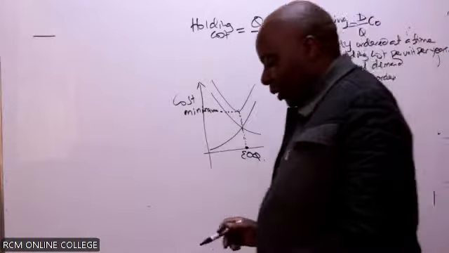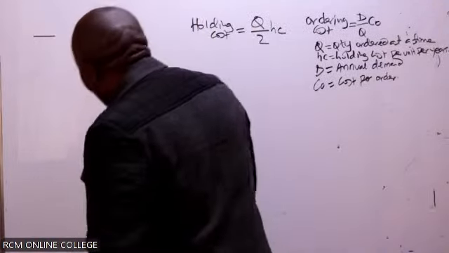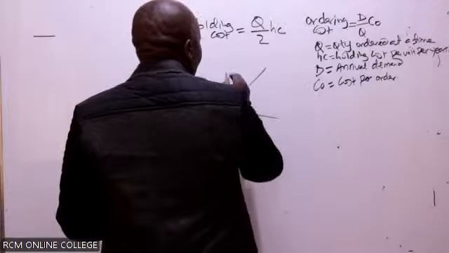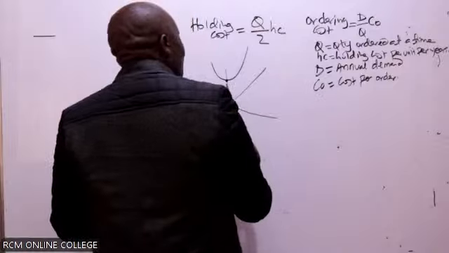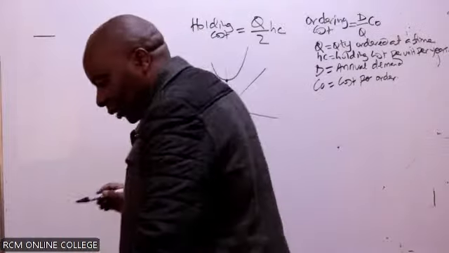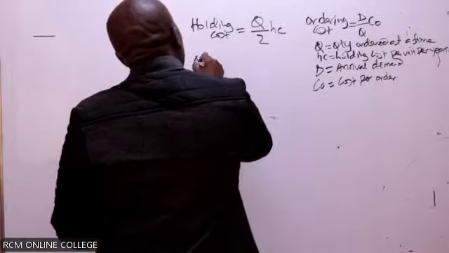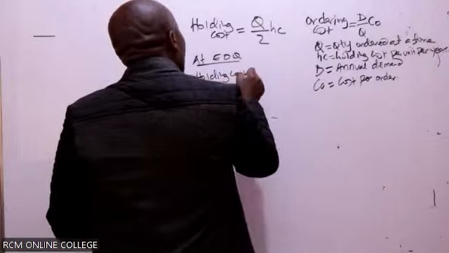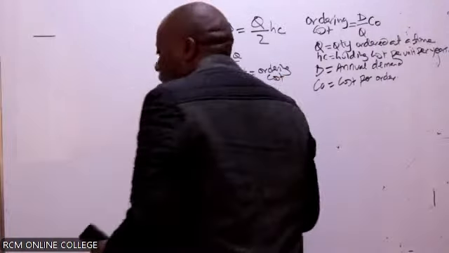Now, my good students, please listen to me very well. Remember, we have just shown something on our graph: if this is the EOQ point, at EOQ the holding cost and ordering cost will be equal. Let me write down that at EOQ, at economic order quantity, holding cost equals ordering cost.